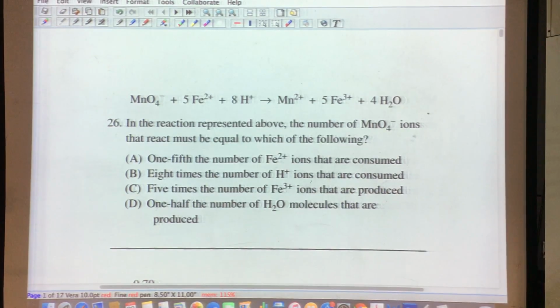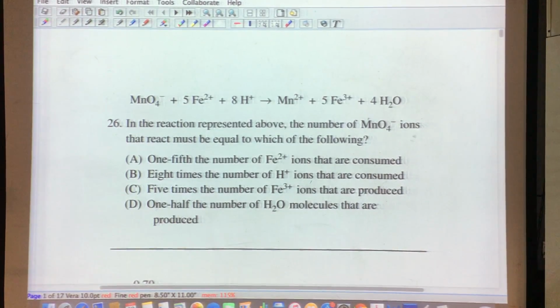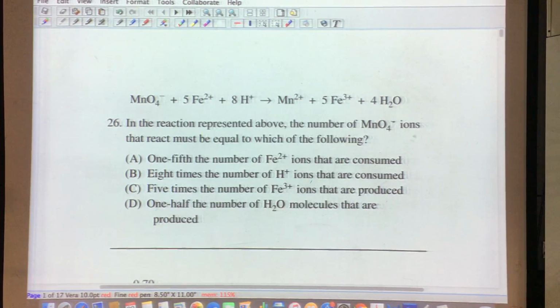So in 26, the reaction represented above, this is, again, the multiple choice of the 2014 practice test, whatever I call it. So in this reaction, what do we have? We have the number of permanganate ions that must be equal to which of the following. Okay. So in the reaction represented, we've got a 1 in front. Nothing in front implies a 1. And so what are the ratios here?